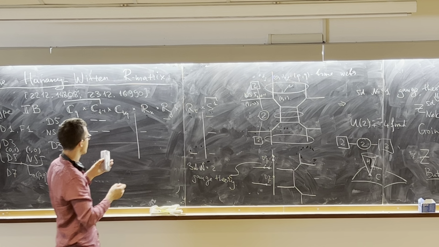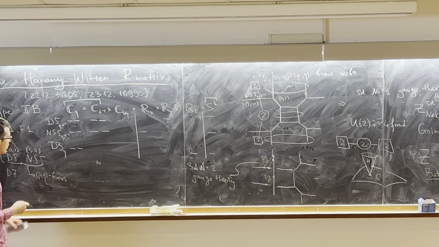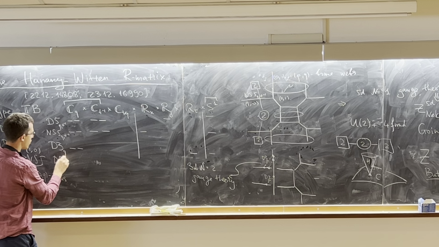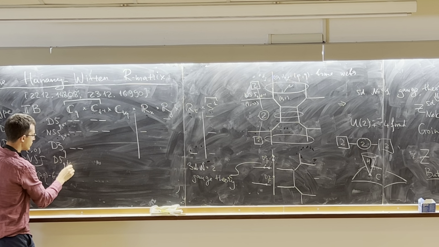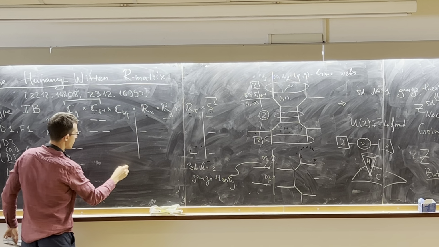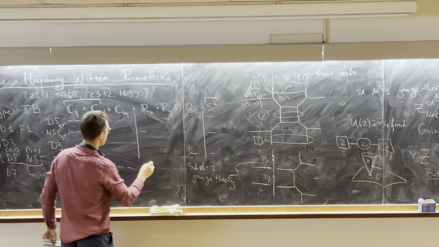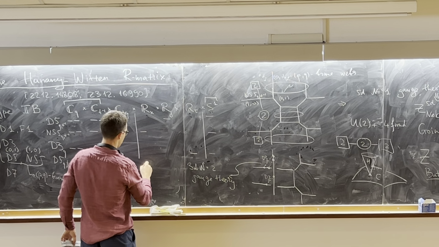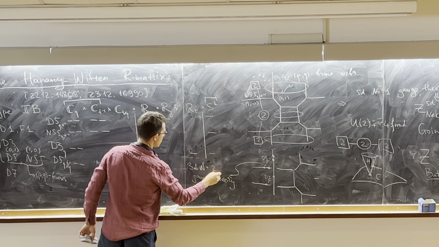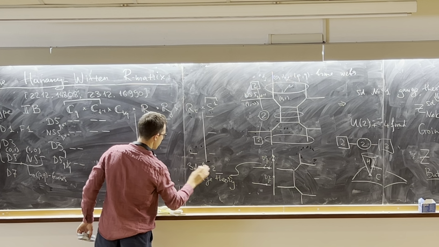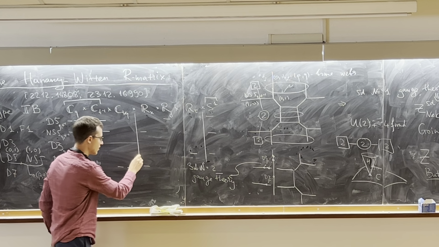Now, if I say that I have extra branes like D5 with Q and T over Q, which spans a different pair, like that. Sorry, well, I hope it's understandable.